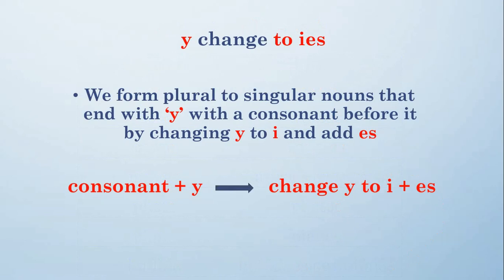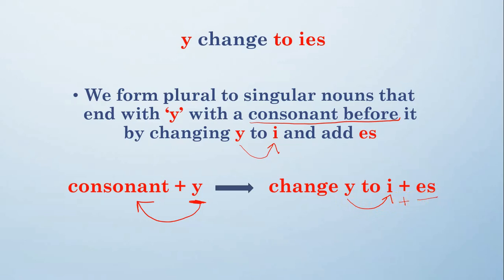We form plural to singular nouns that end with y with a consonant before it by changing y to i and adding es. So, if there is an ending letter y with a consonant behind it, you will change the y to i and then add es.